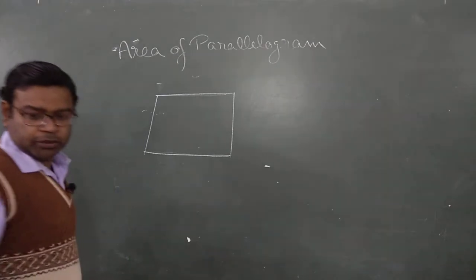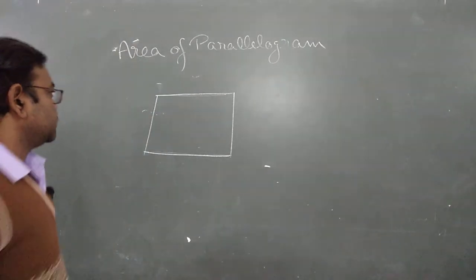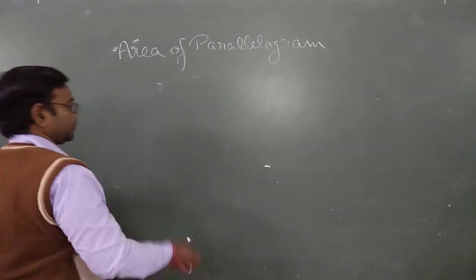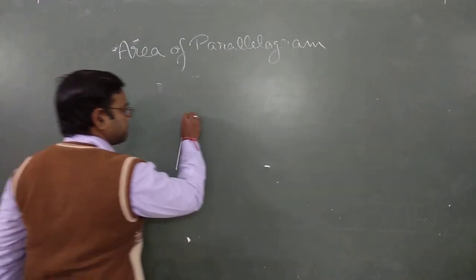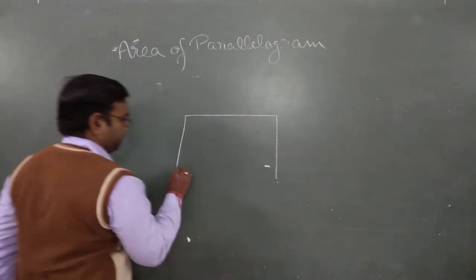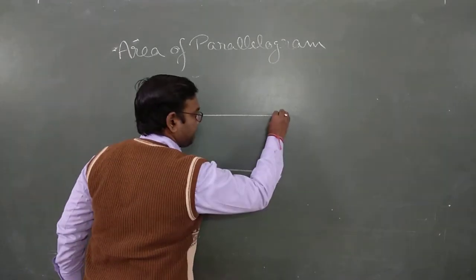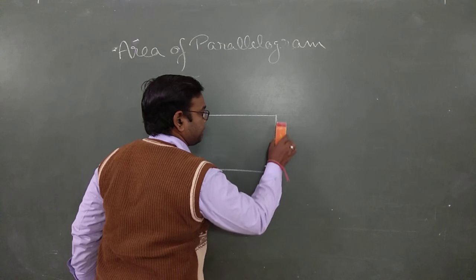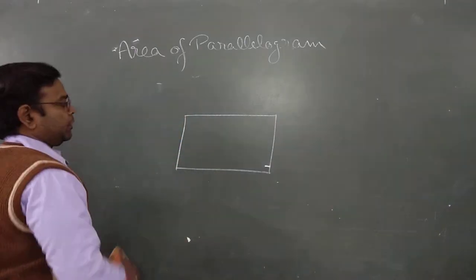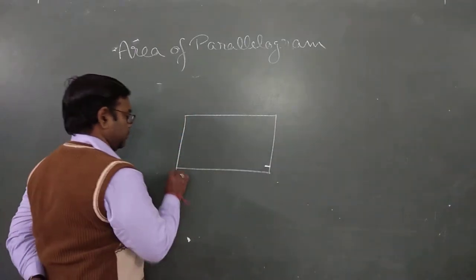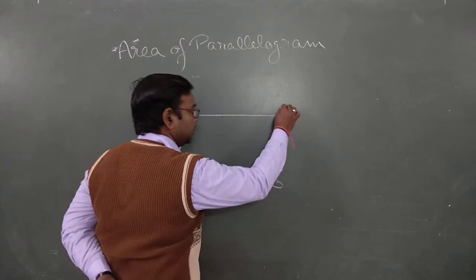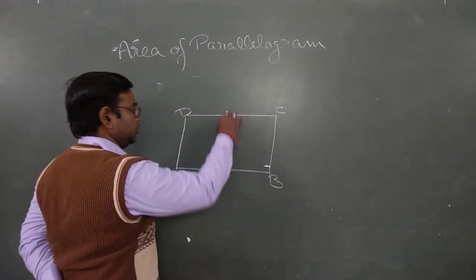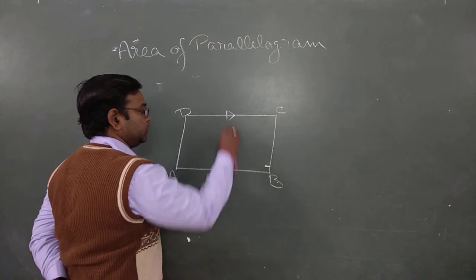A parallelogram is a quadrilateral whose opposite sides are equal and parallel to each other.